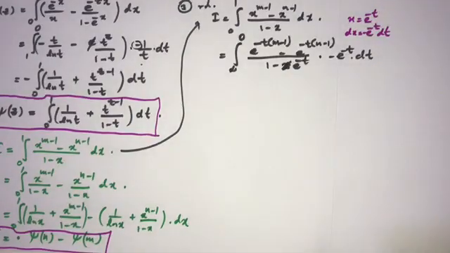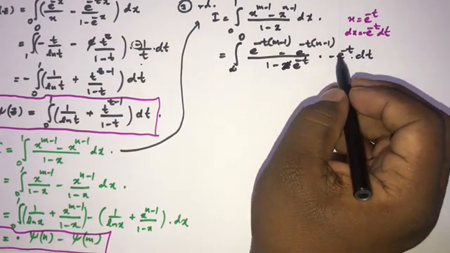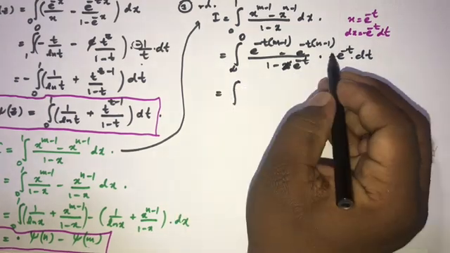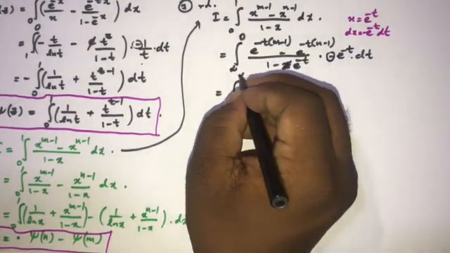Okay, now e to the minus t to the m minus 1, we can multiply by e to the minus t, so we can write here, and this minus gets cancelled when we change the limit, so 0 to infinity.